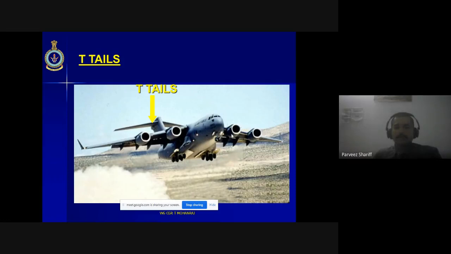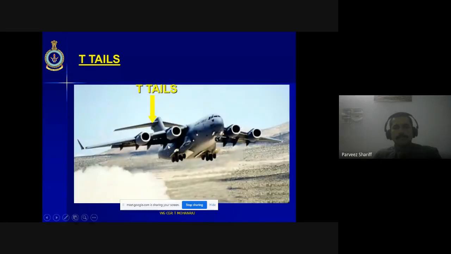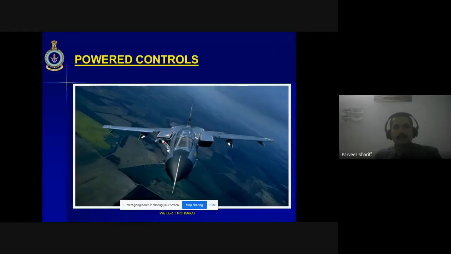So the elevators are kept high from that airflow so that they can provide significant control. And it retains the effectiveness even at high angle of attack. So that is why most transport aircraft have this.